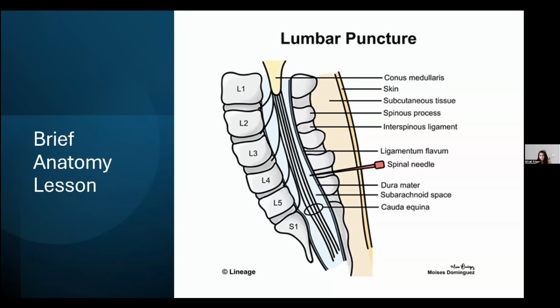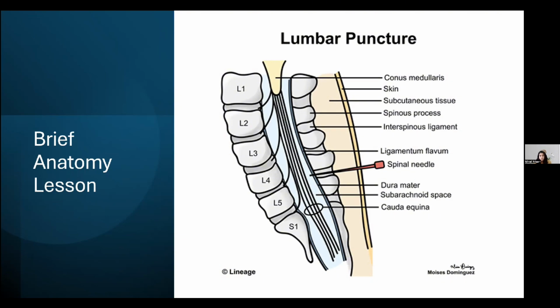There are multiple layers that are protective for the brain and spine. One of those layers is called the dura. As we can see here, this area is the spinous process. And then as we get deeper in, there are other layers. This right here is the dura. And if this layer gets torn or broken, then a lot of times we'll find that the CSF, which is right here, can leak through there and create issues.